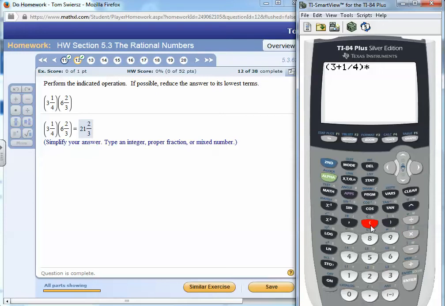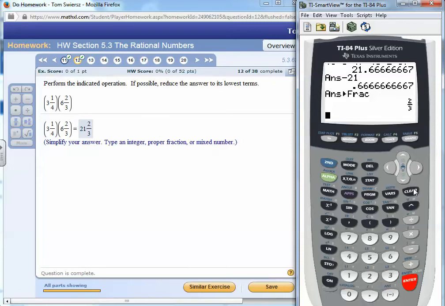Then a left paren, but you do need a paren around the mixed number when you represent it as a whole number plus a fraction. So 6 would be 6 plus 2 divided by 3. And hit enter, and there's our answer, 21.6667, and then your whole number is 21, right? So subtract 21, and then the decimal representation for 0.666 is 2/3, and there's our correct answer, 21 2/3.